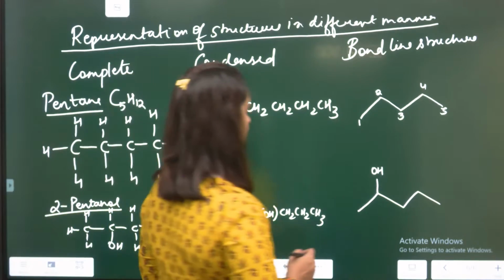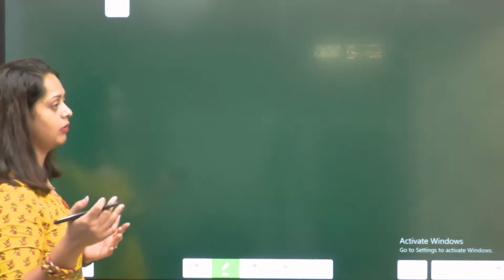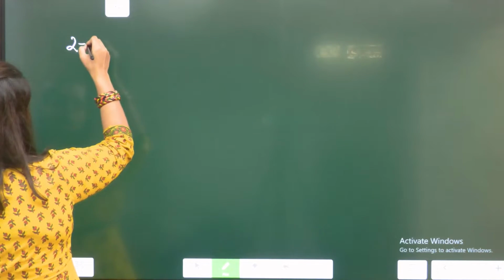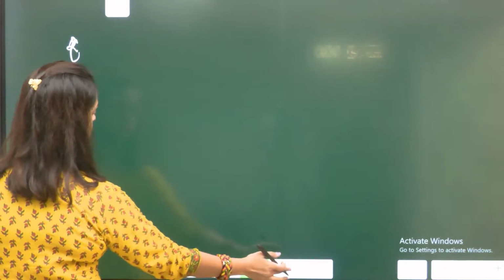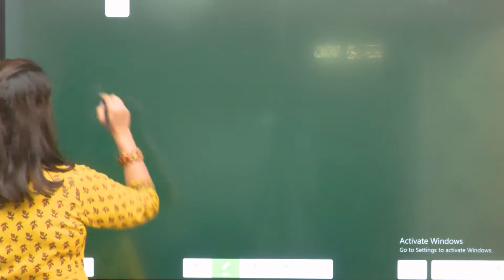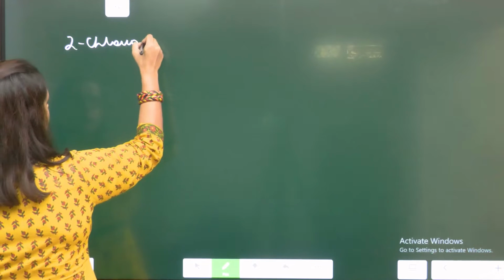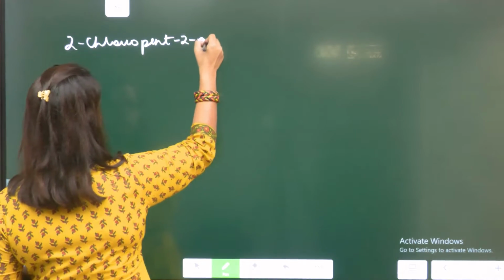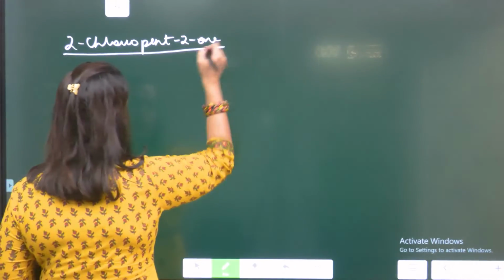So let's say if I have a multiple bond, that is a double bond or a triple bond. So I've been given 2-chloropent-2-ene. Okay, this is the name.